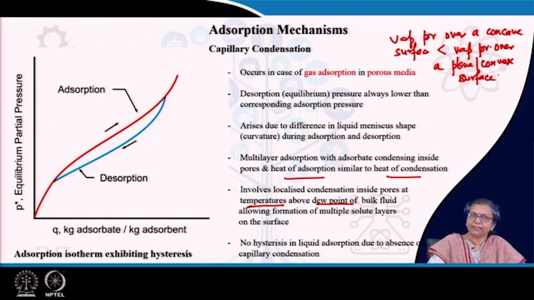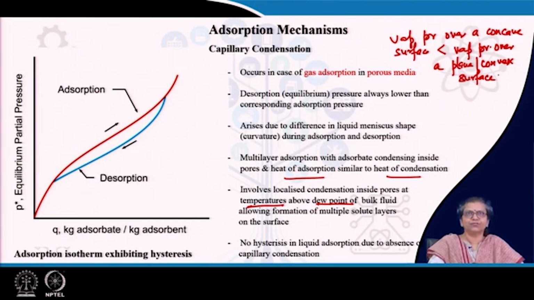As a result, we find that the vapor pressure inside the pore is less as compared to the vapor pressure in the bulk fluid. This results in the condensation of the vapor at a pressure lower than the vapor pressure of the same gas over a flat surface. And due to this lowering of the vapor pressure, due to the curvature of the liquid surface inside the pore, capillary condensation occurs.